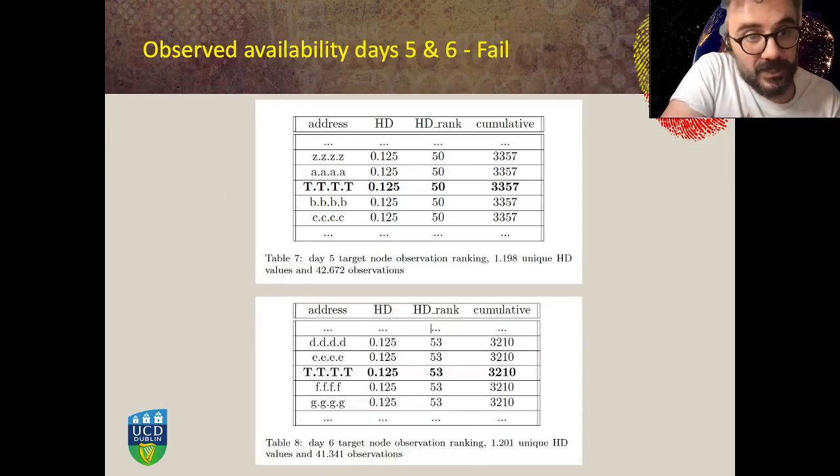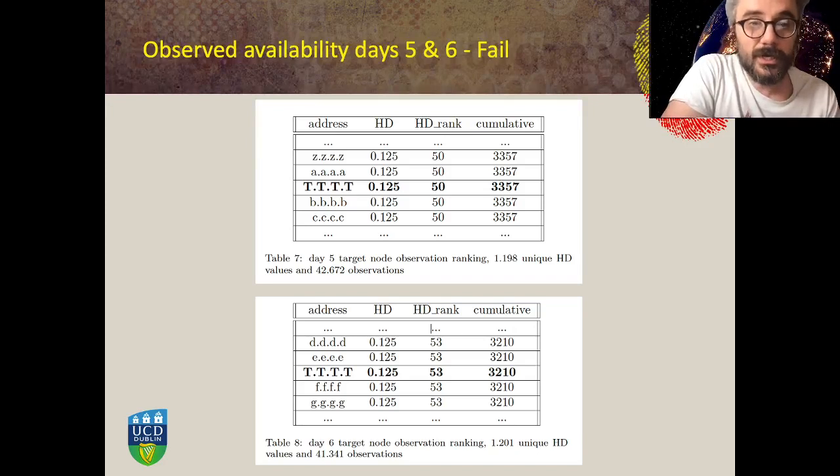For days 5 and 6, however, we had an injected availability pattern of 11.5 hours of availability and 30 minutes of unavailability. When we ranked them, the IP address we knew was hosting the hidden service under investigation ranked 50 along with other 3,000 routers.